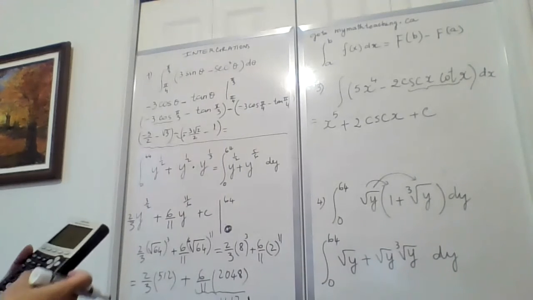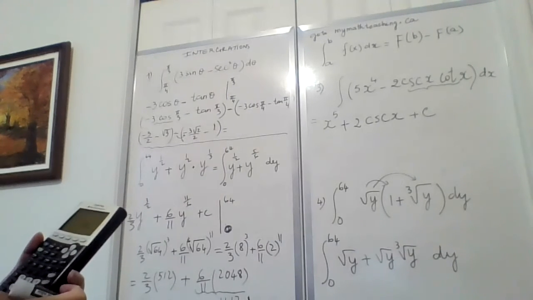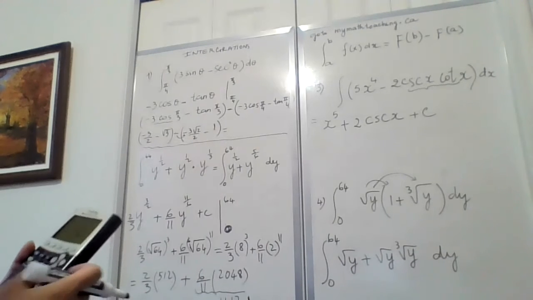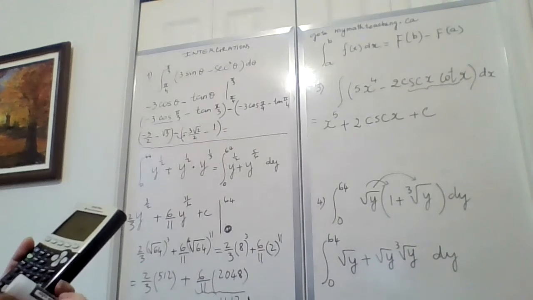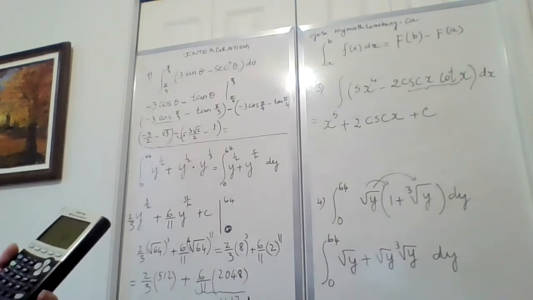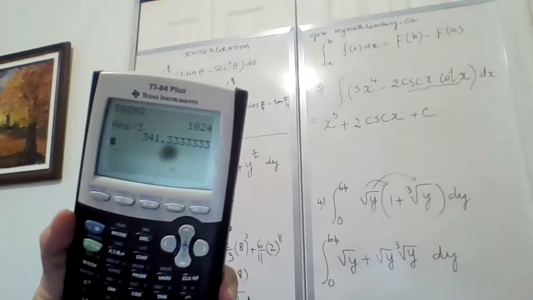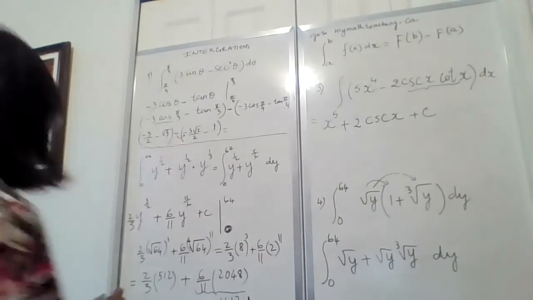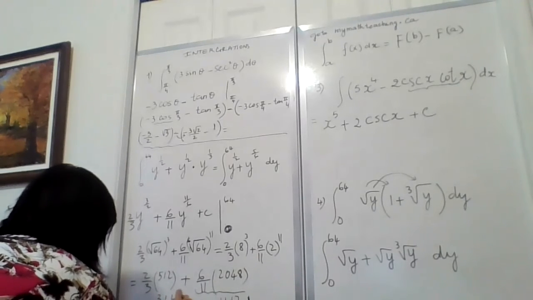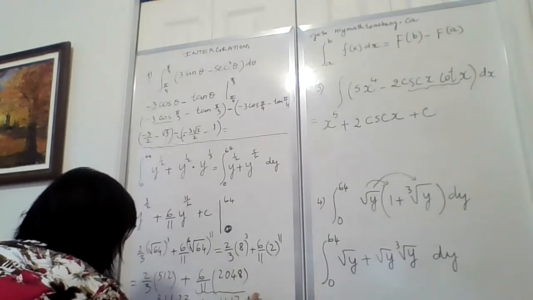Now the other one, 512 divided by 3, or 512 times 2 divided by 3, you got 341.33. So 341.33, adding with this number.